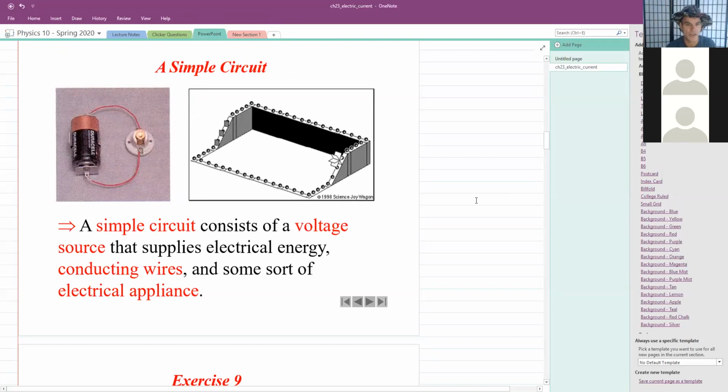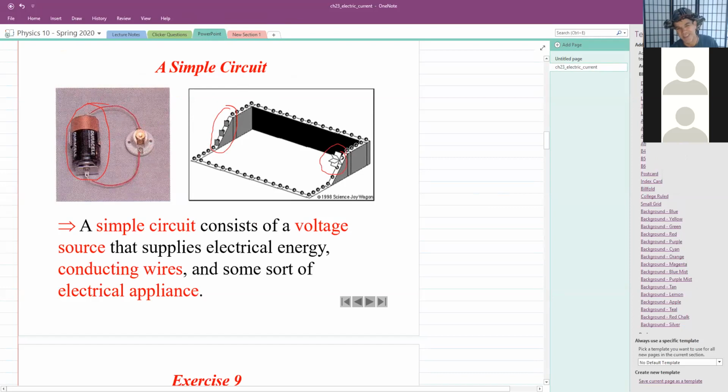You can't see this, but on the PowerPoint this is moving: you can almost imagine a battery is like a little elevator, taking charges from a lower elevation to a higher elevation. And then when they go through something like a light bulb, it's using up that energy.